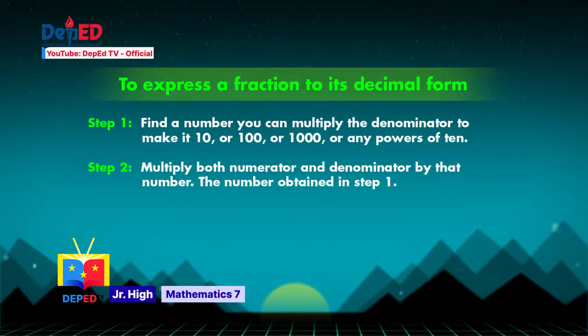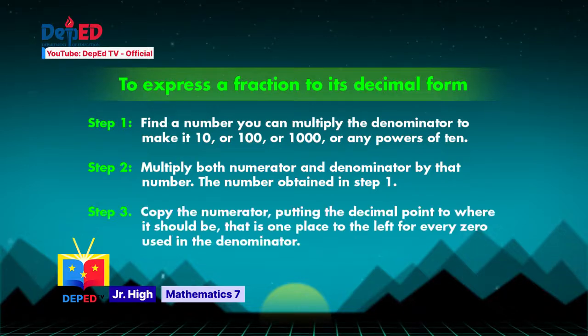Then, multiply both numerator and denominator by that number, the number obtained in step 1. Finally, copy the numerator, putting the decimal point to where it should be. That is, one place to the left for every zero used in the denominator.